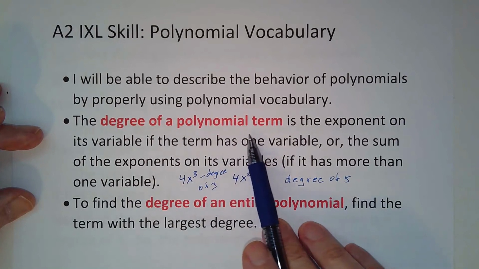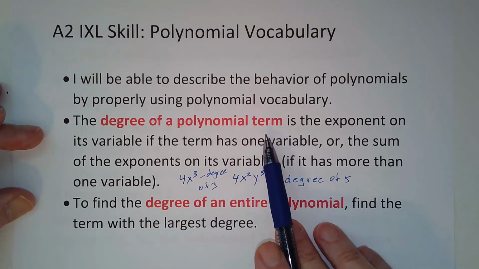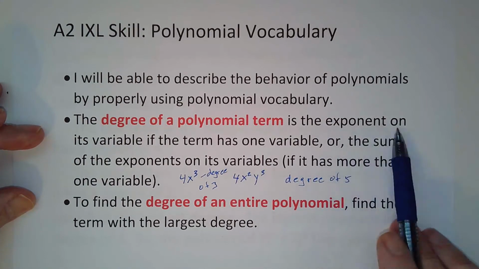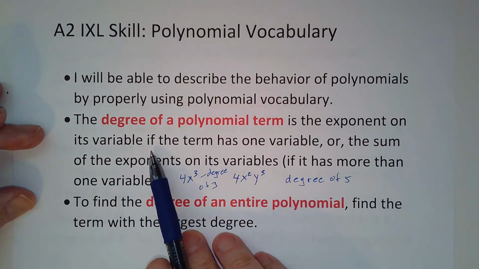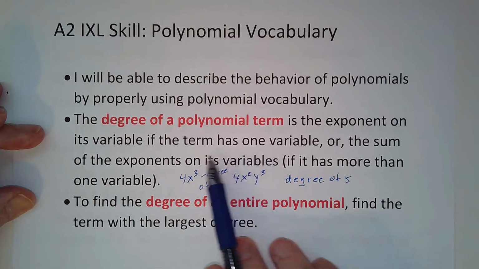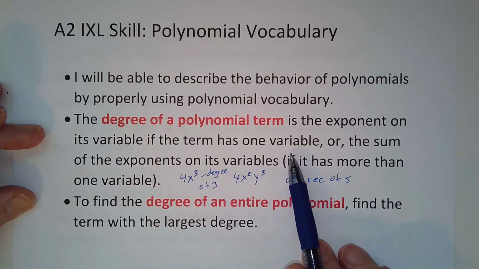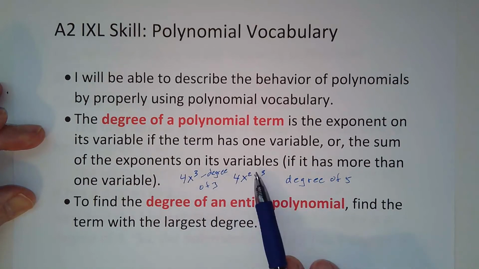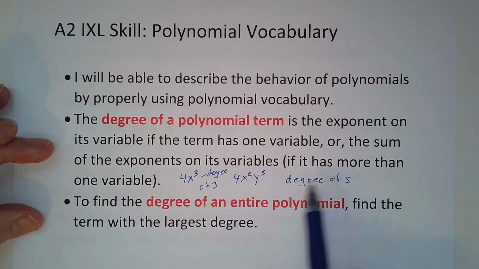If you're finding the degree of a term, that is the exponent on the variable of that term if the term has one variable, or the sum of the exponents on its variables if it has more than one variable.